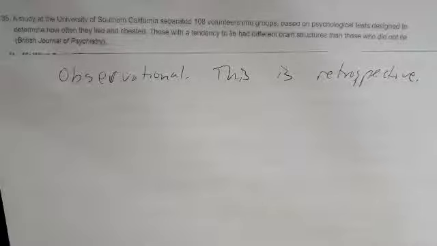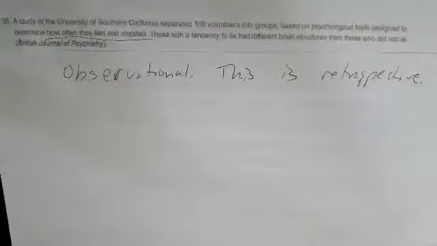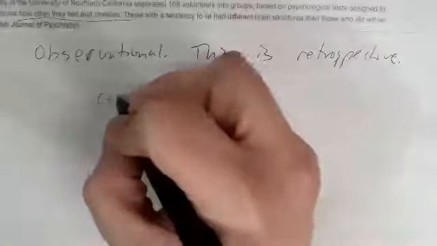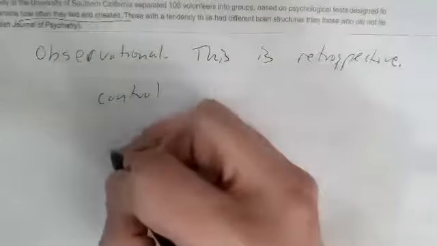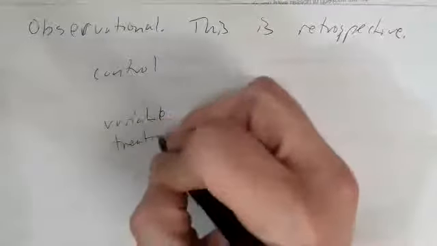And how are these people sorting themselves? I think you were getting at it, right? The ones who lie and the ones who don't. So we have a control and a variable. What do they call it? There's a control and a variable. They call it a treatment group, right? Cases and controls.